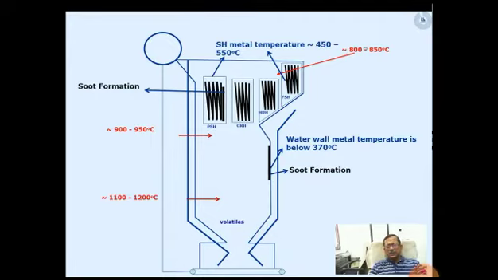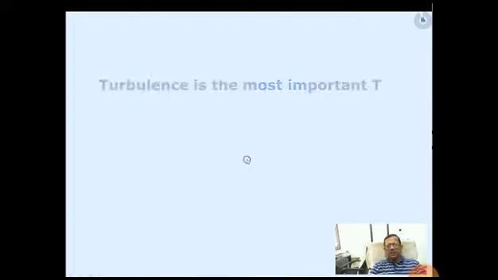So all this consideration, that the carbon particle cannot go here, it cannot go up, it cannot touch the wall, tells us that the most important T in the 3T is the turbulence T. We need to ensure the contact of the combustibles with air at the right place.